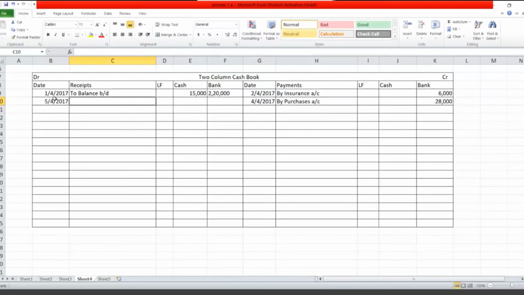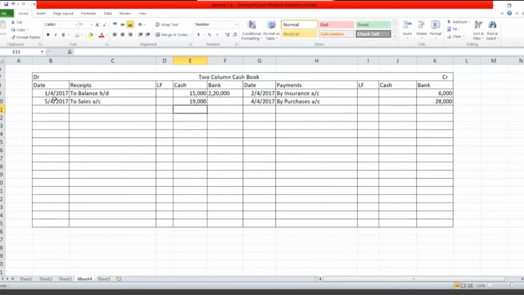So that means we didn't receive the payment immediately. Check we have received. Until they deposit that into the bank, we will enter in the cash column only. So write down to sales account. We have received the check, but we didn't deposit that into the bank immediately, so we have to wait until they enter it into the bank. So we will write down in the cash column.